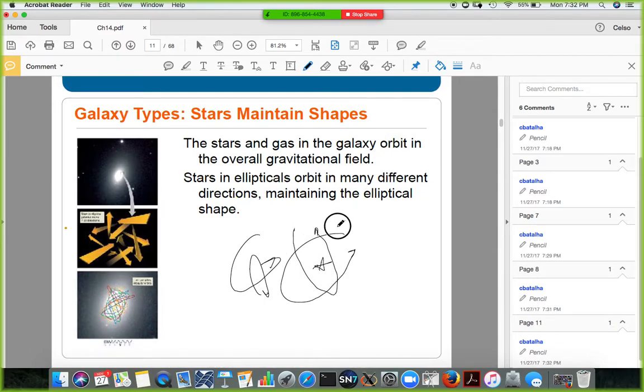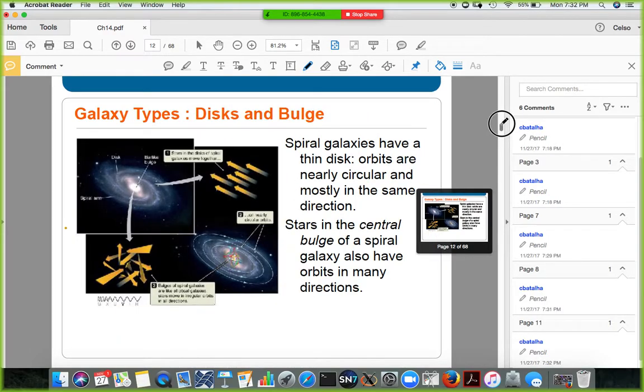They don't have a command in the way they should go. Stars seem to be going in all possible directions. And that is what this little diagram here indicates. So this is for elliptical.